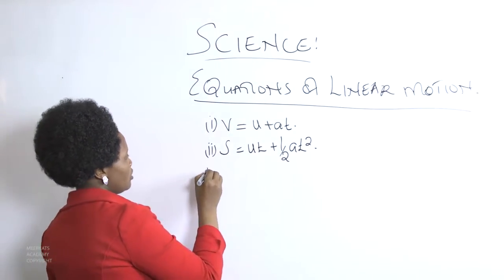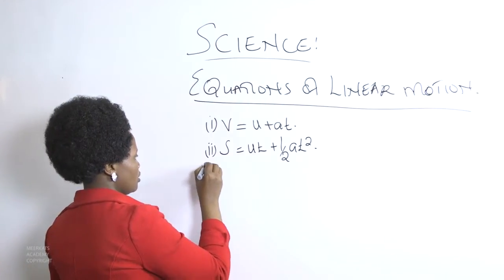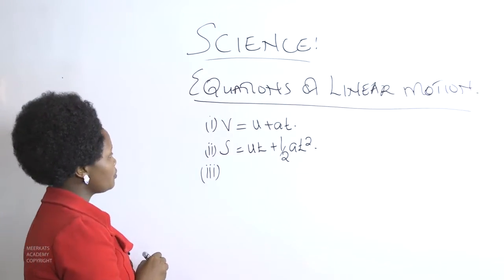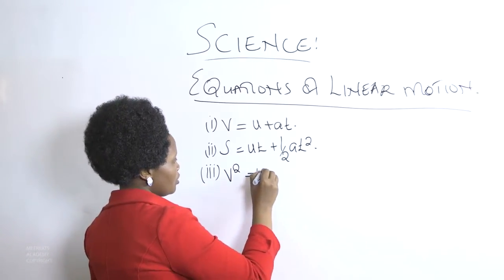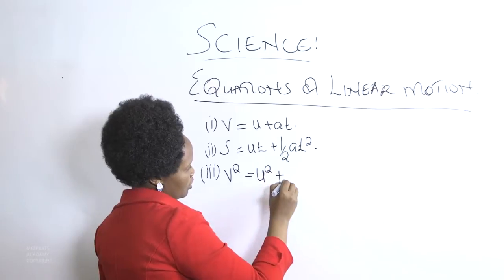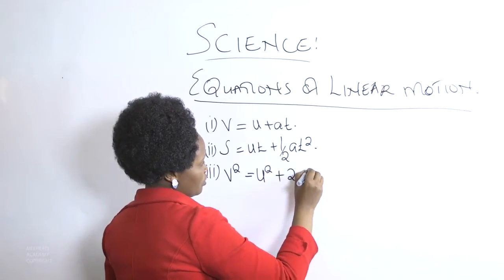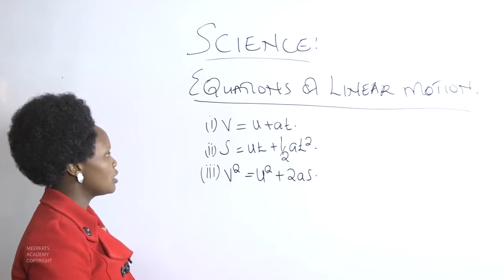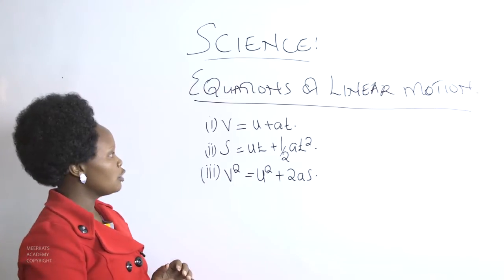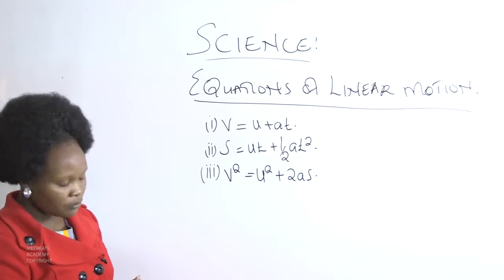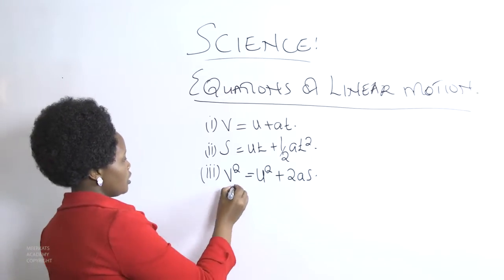And number 3, we have v squared equated to u squared plus 2as.